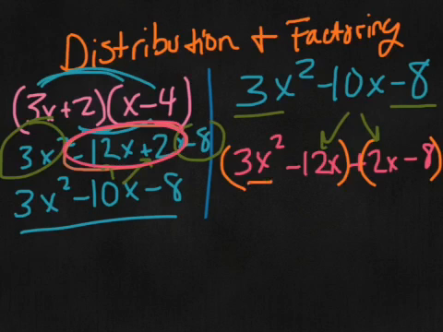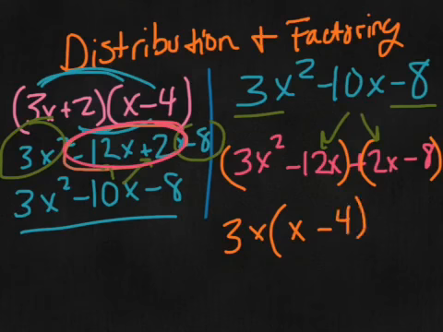So what are both of these divisible by? Well, 12 is divisible by 3, so we can definitely pull out a 3, and they both have x, so x squared and x, so we can actually pull out a 3x, and that will just leave us with an x and a negative 4. 12 divided by 3 is 4.